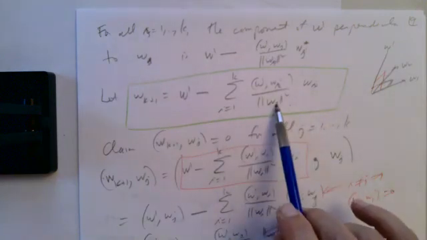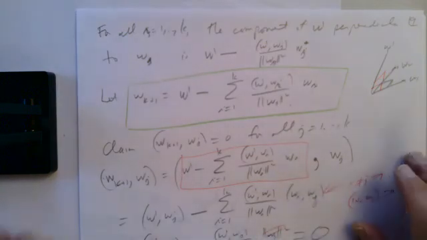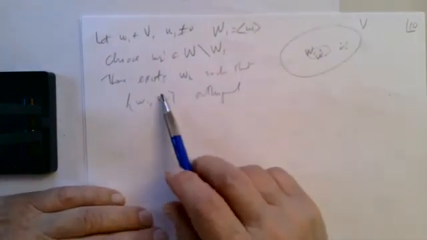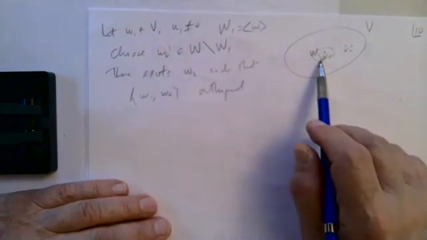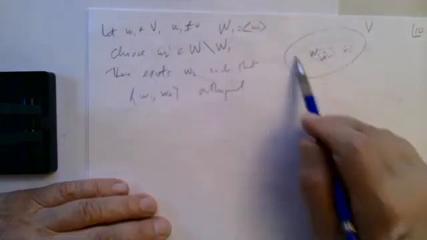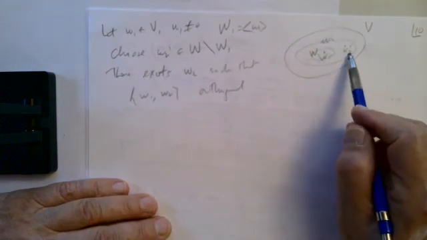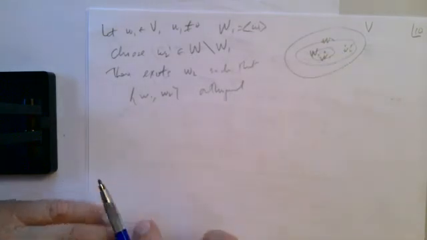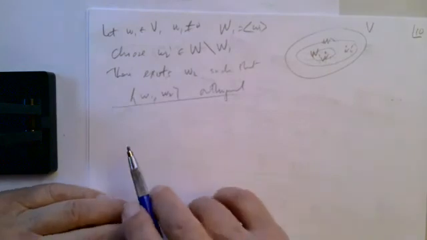So W1 up to Wk and Wk plus 1 is a basis for this larger subspace, and it's orthogonal. So I can find a W2 such that W1 and W2 are orthogonal, and the subspace generated by W1 and W2 prime is also generated by W1 and W2.